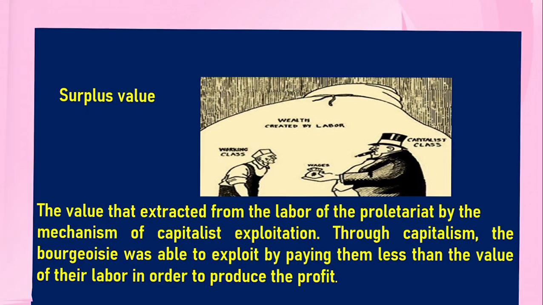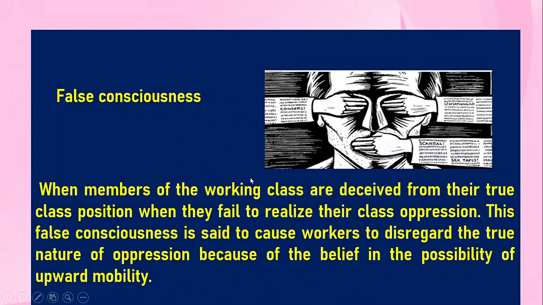Okay. Next is false consciousness, when the members of the working class are deceived about their true class position, when they fail to realize their class oppression. This false consciousness is said to cause workers to disregard the true nature of oppression because of the belief in the possibility of upward mobility.